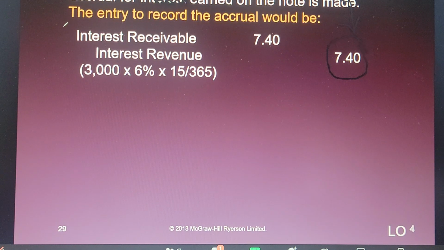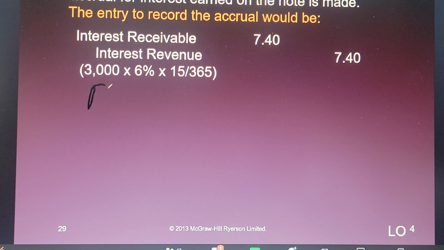And this is part of the interest I shall receive when the note matures. So, interest receivable, 740. Interest revenue, 740. Where did that come from?